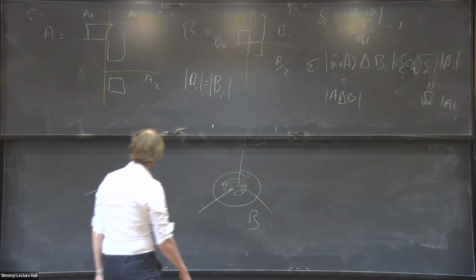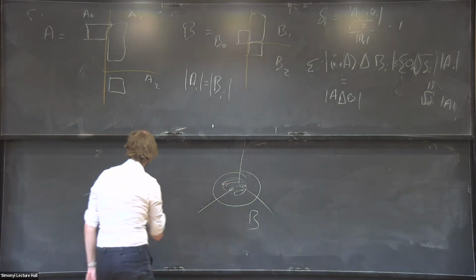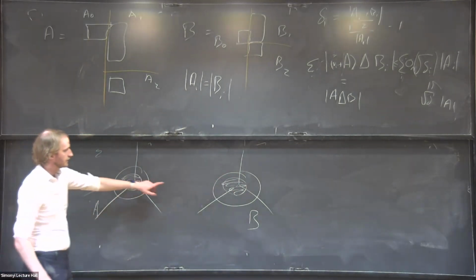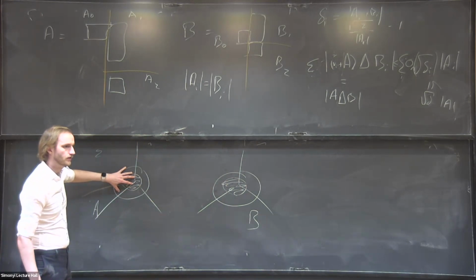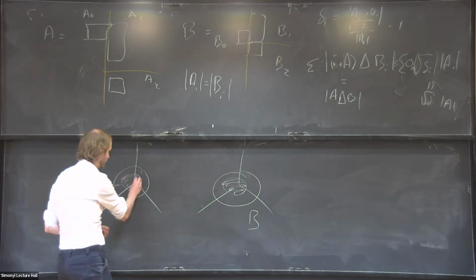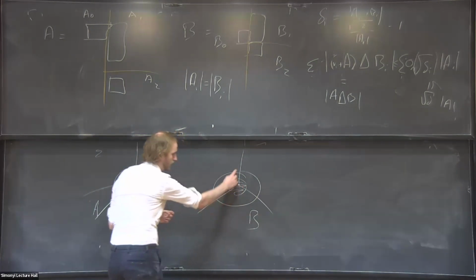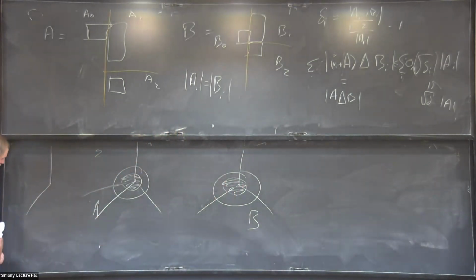So why is that? Well, if I think about this region here, and this region there, if the symmetric difference between this region and that region is small, it better be that the translations align these sides. Because if I pick out this set, what does it look like? It looks like a set where all of this is contained in my set, and then maybe something happens out here.